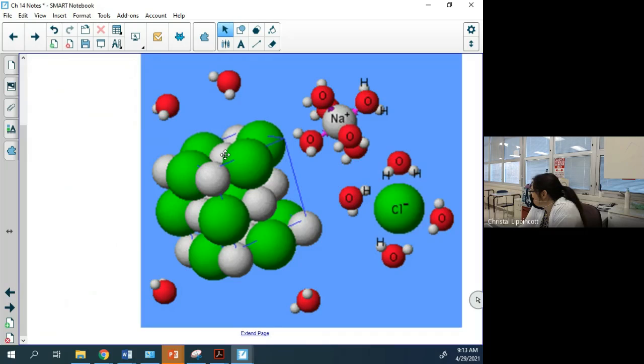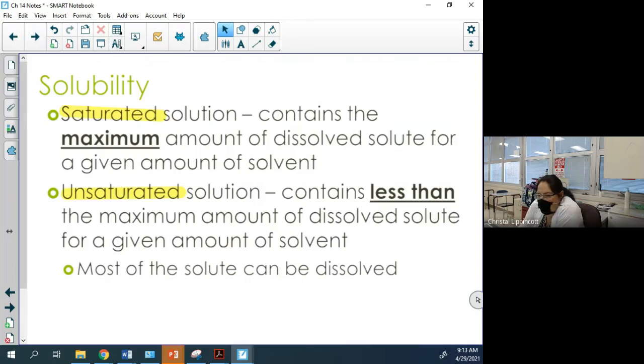Saturated, we don't have any water left over. Does that make sense? All right. Good.